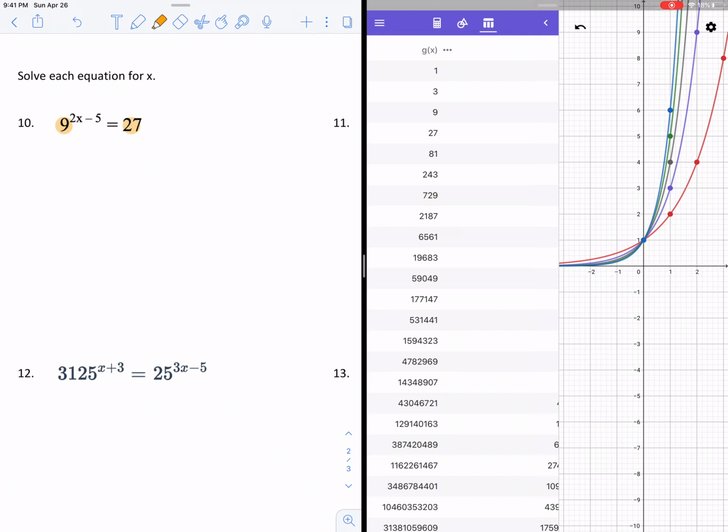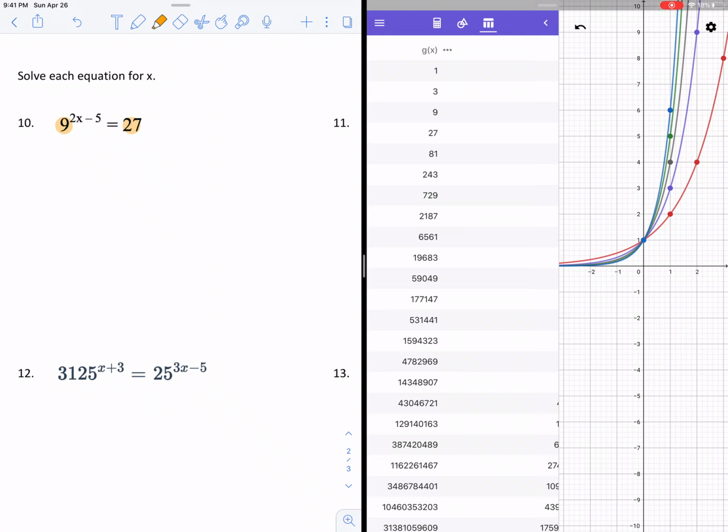So I'm going to rewrite 9 as 3 squared. So instead of writing the base of 9, I'm writing 3 squared, and then I'm going to bring down that exponent, 2x minus 5, right outside the parentheses. 27 is 3 to the third power.